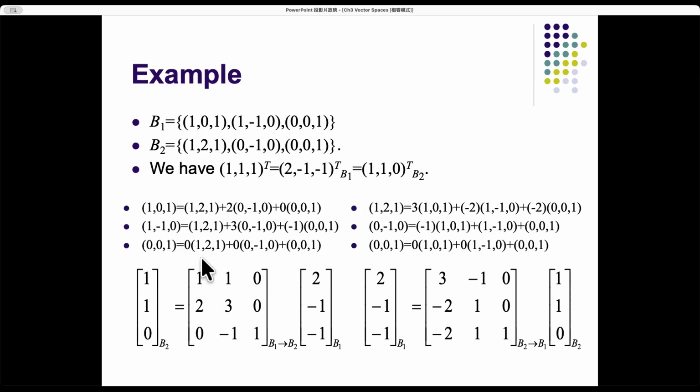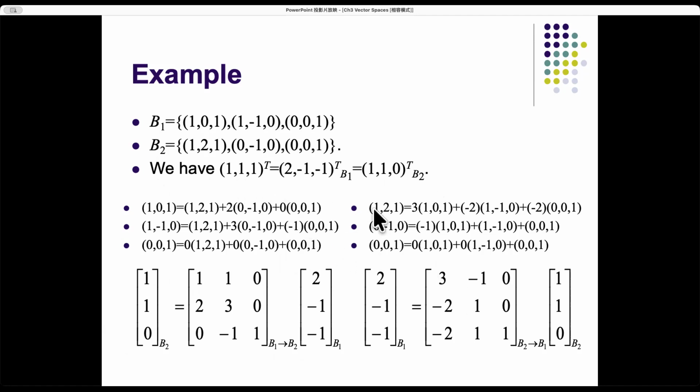And we can verify: this one multiplied by 2 negative 1 negative 1, that's the coordinate of this vector in B1. If you multiply this one, you get 1 1 0. That's the coordinate of the same vector in base 2.